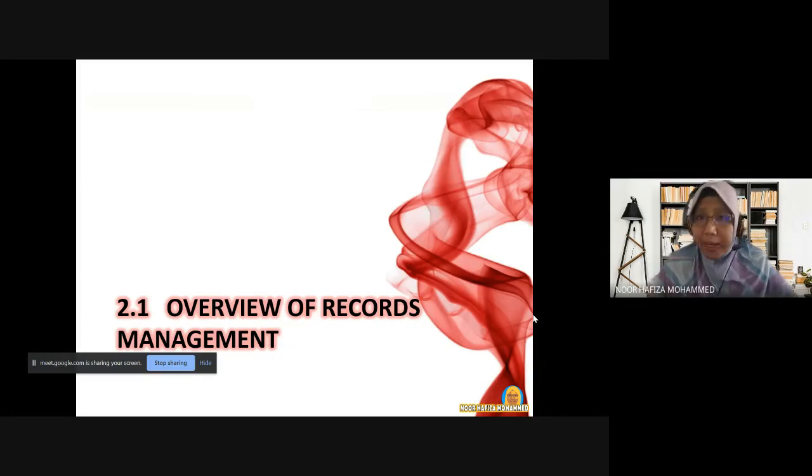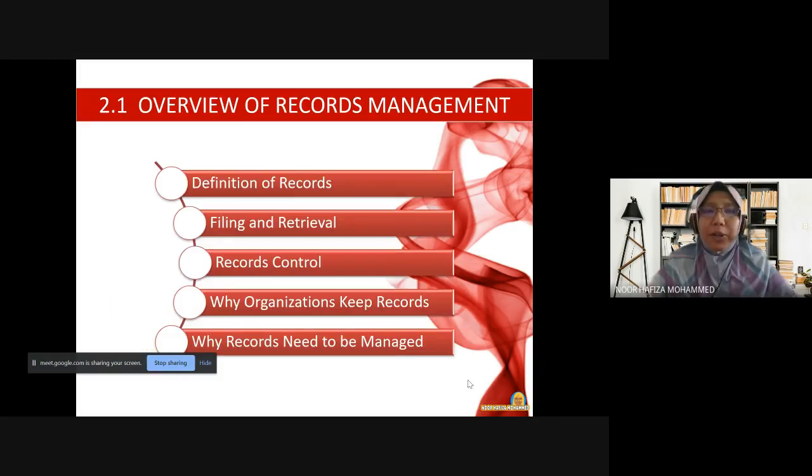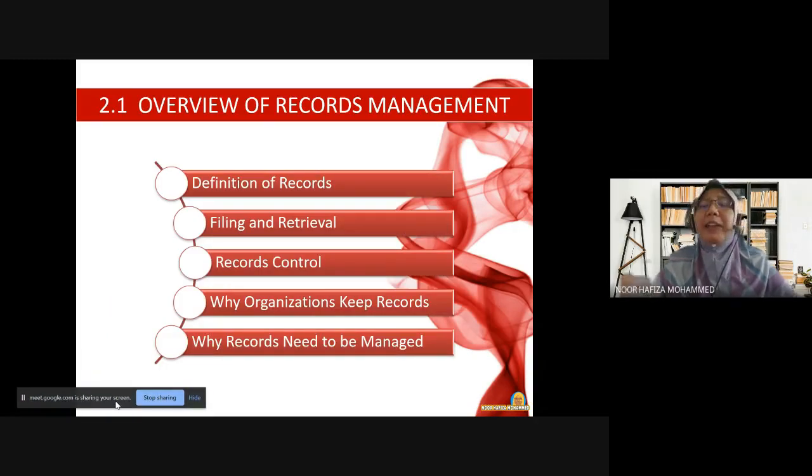In records management, we are going to learn about the definition of records, the filing and retrieval, the records control, why organizations keep records, and lastly why records need to be managed. Okay, so let's proceed one by one.